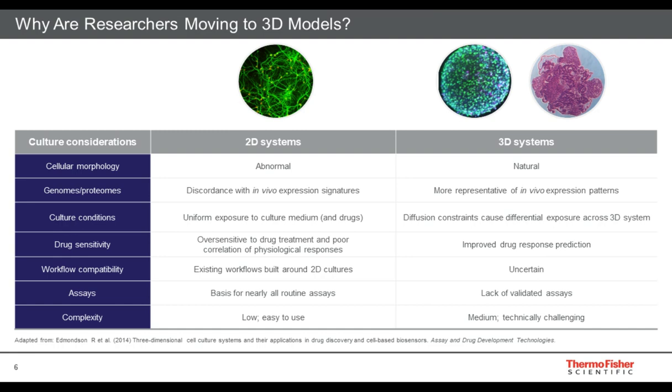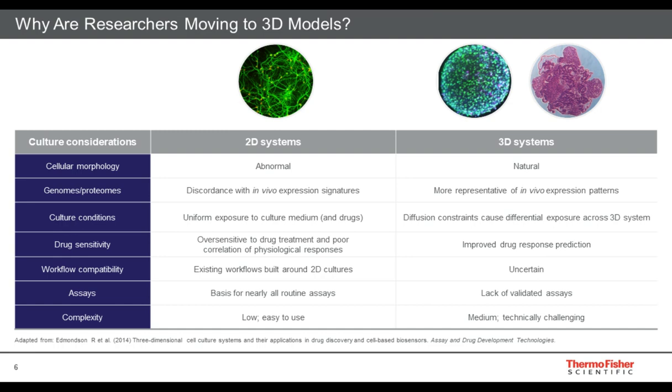One of the nice things with 3D cell models is that they seem to hold the gene expression signatures or protein expression signatures much more faithfully, such that they look more like the in vivo tissue or disease sample compared to 2D systems.